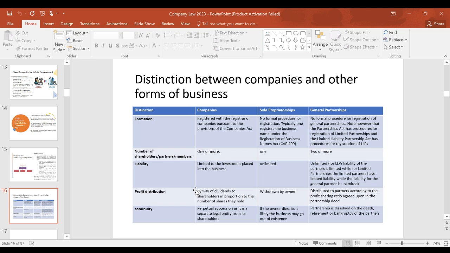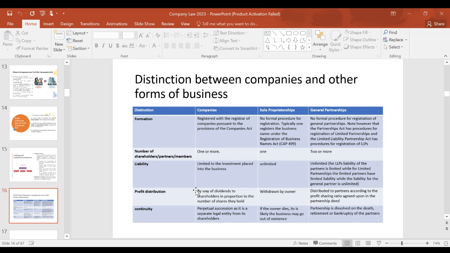Liability of its own members for a company, it depends. It might be limited liability or unlimited liability for a company. For a sole proprietorship, it's unlimited. In case of a debt accrued by a business which is a sole proprietorship, then the liability of that particular business can be absorbed from the personal assets of that sole proprietor.